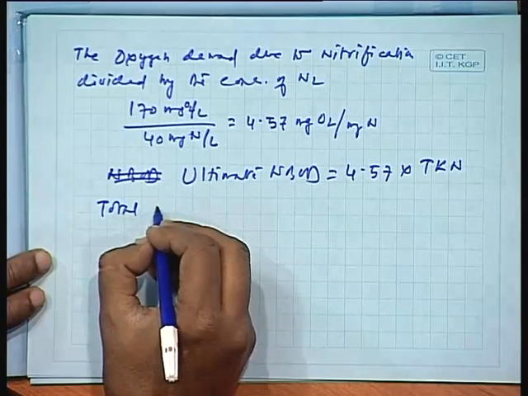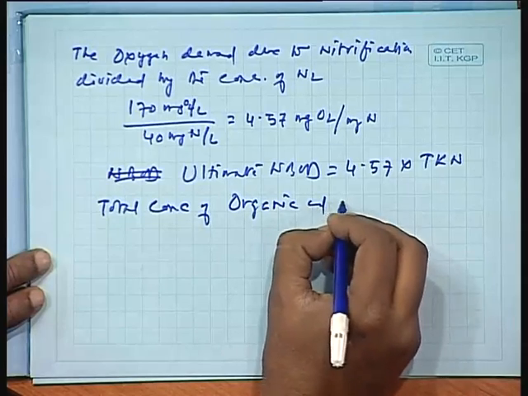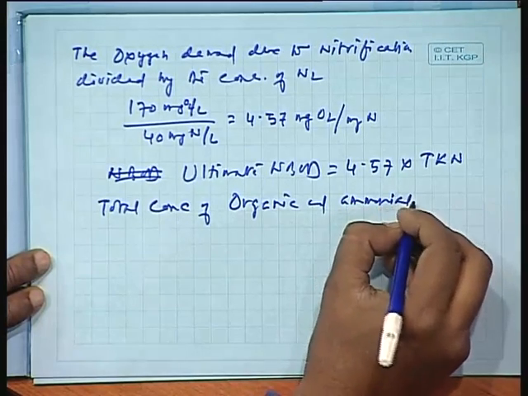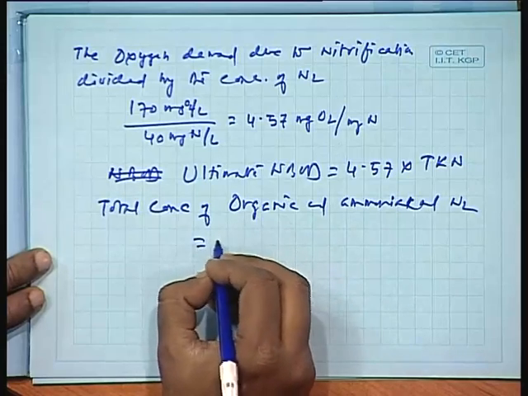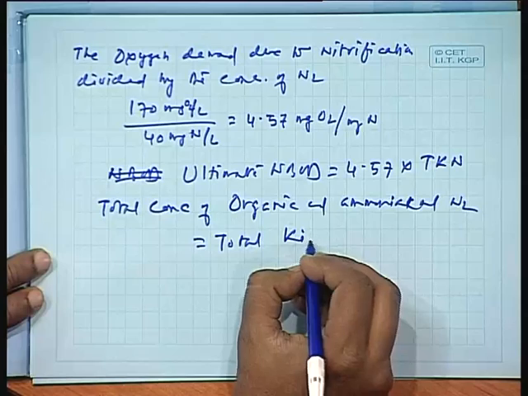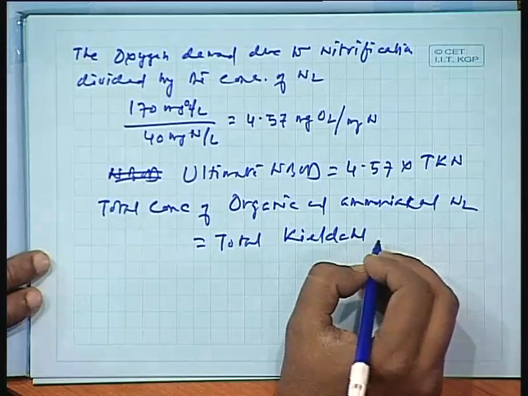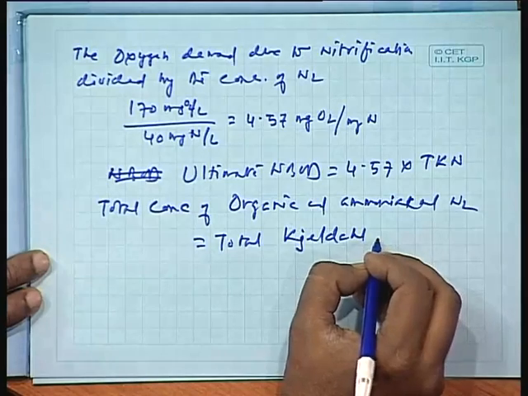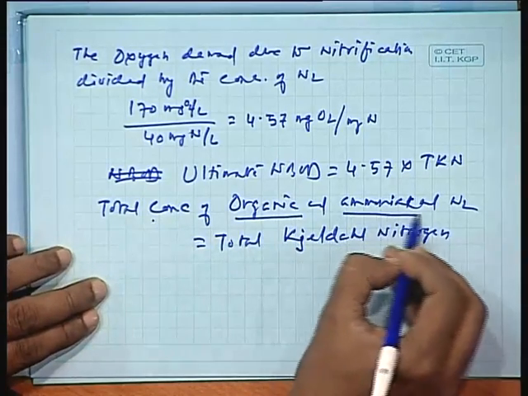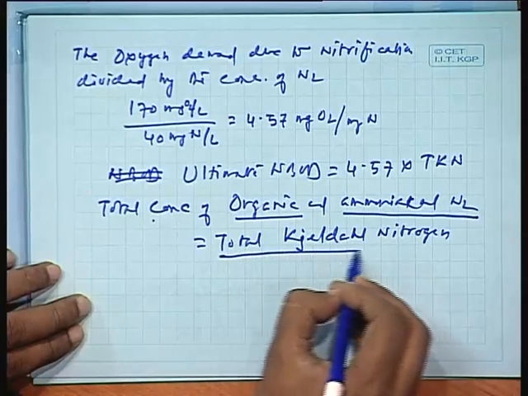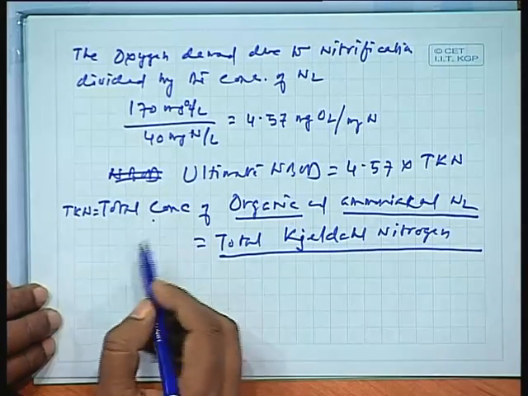Organic and ammoniacal nitrogen together is known as the TKN. This is total Kjeldahl nitrogen.